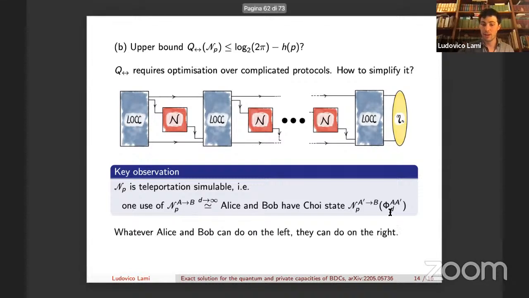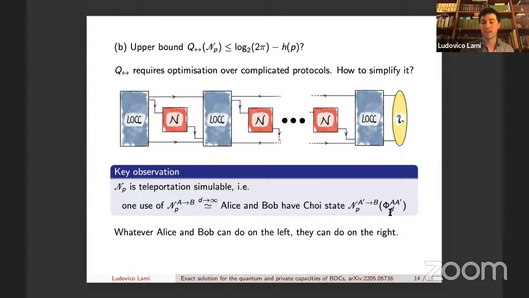Okay, so basically what I mean is that whatever Alice and Bob can do on the left by having one use or multiple uses of the channel, they can do on the right, so having one Choi state or multiple Choi states of the channel. And the reason why this is non-trivial is that the Choi state on the right-hand side is a static resource, while the use of the channel is a dynamic resource, right? So on the right-hand side, you have already committed to the input of the channel. You say, okay, I don't care what the input will be.